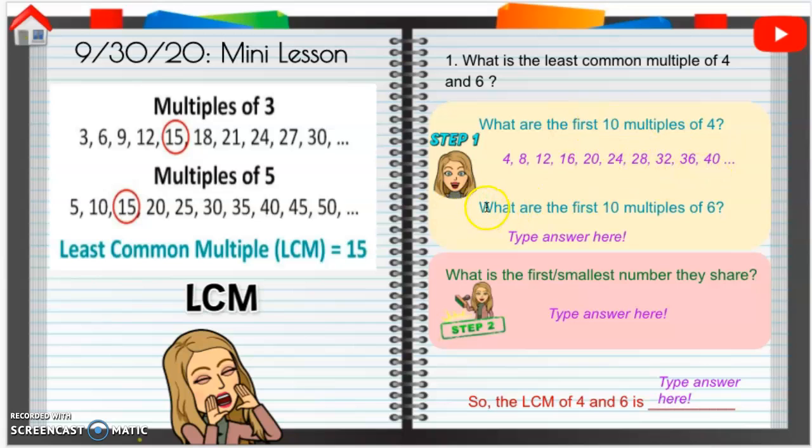Next, what are the first 10 multiples of 6? We're going to go up by 6s. And we always start with that number because 6 is a multiple of 6. 6 can go into 6.